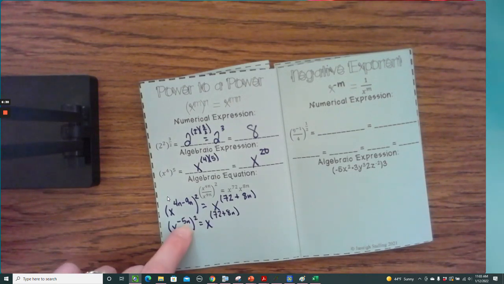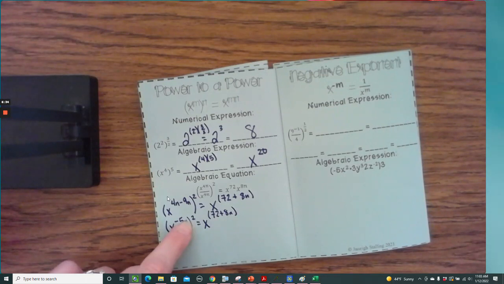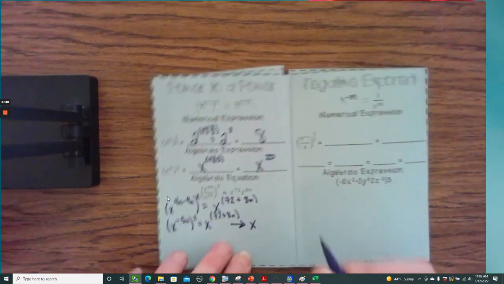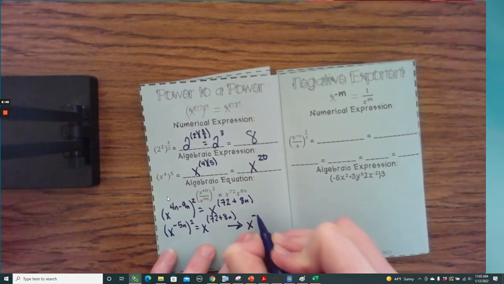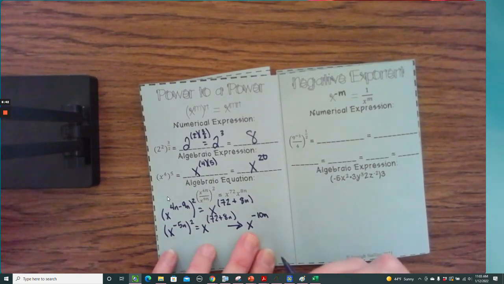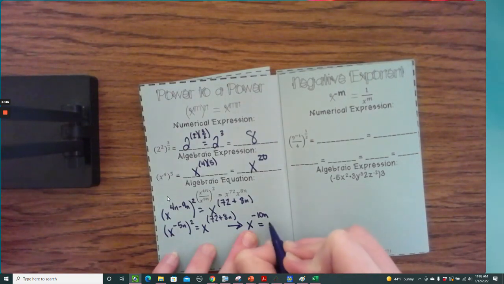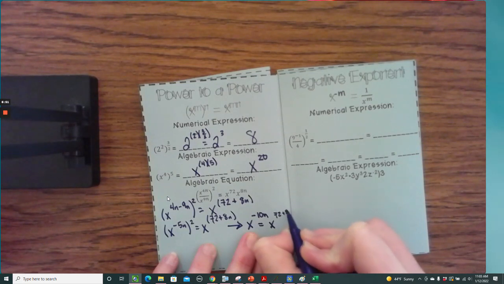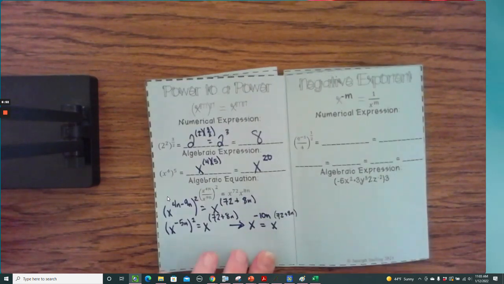All right, negative 5n, and then we're raising it to a 2, so we can multiply negative 5n times 2, which would give me x to the negative 10n, and that's going to equal x to the 72 plus 8n. Sorry if space is kind of limited there.